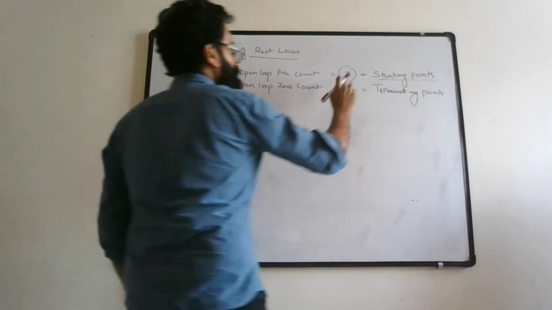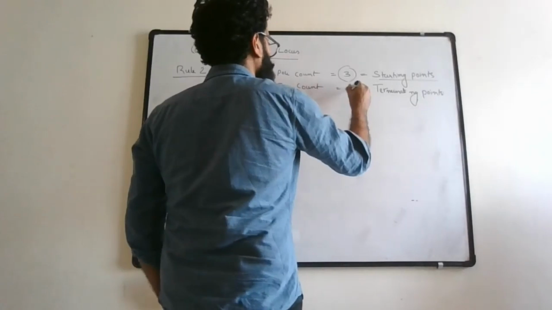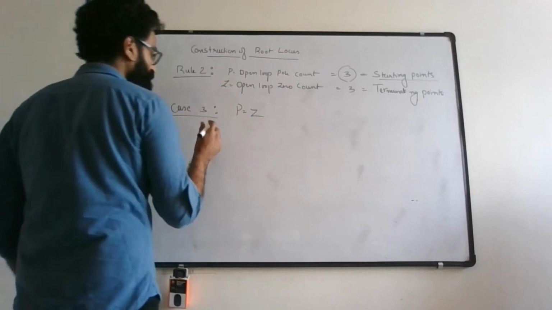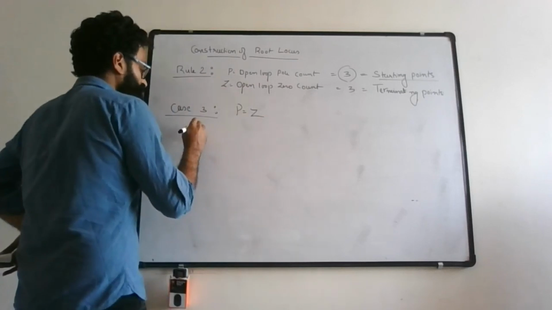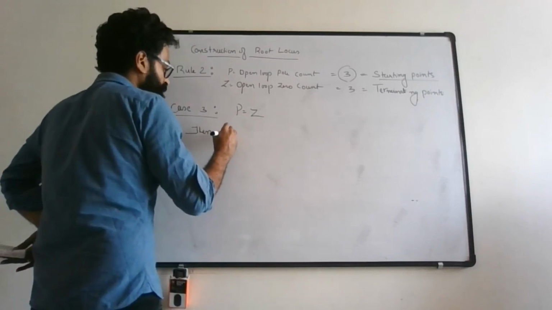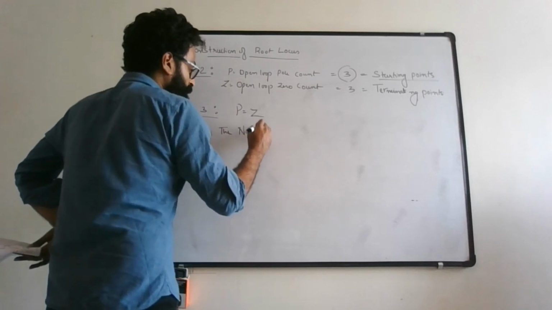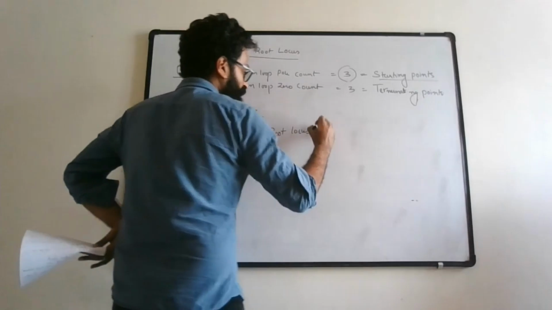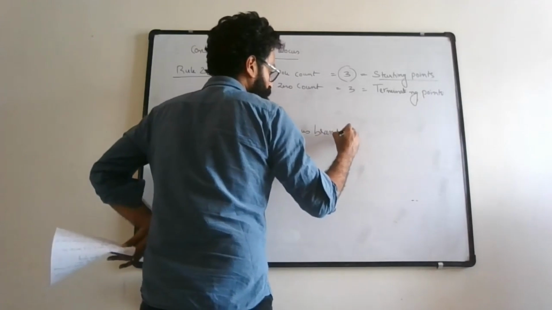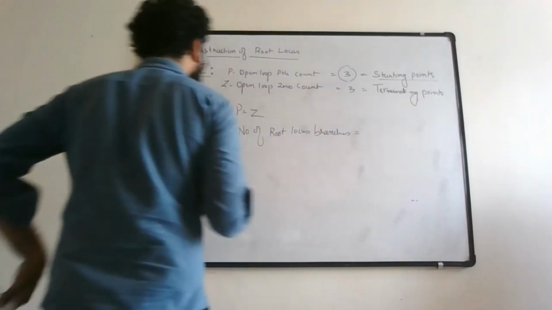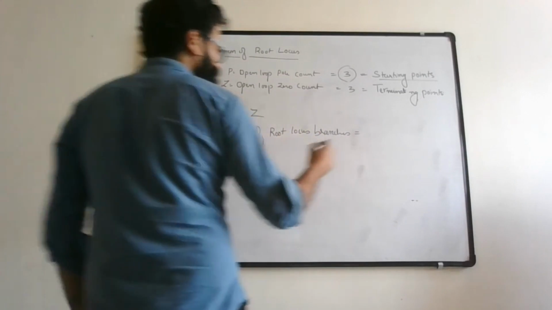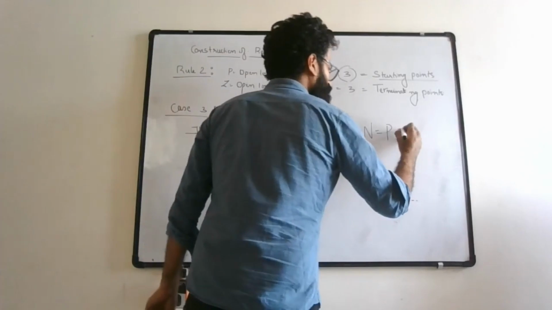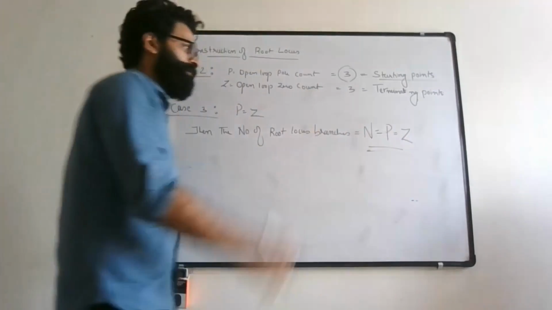P is equal to z. Say for example, you have 3 poles and 3 zeros. If P is equal to z, then the number of root locus branches is basically n is equal to p is equal to z. The same count, doesn't matter.